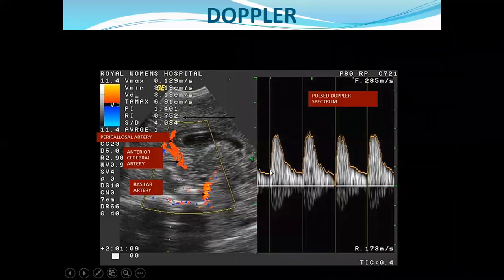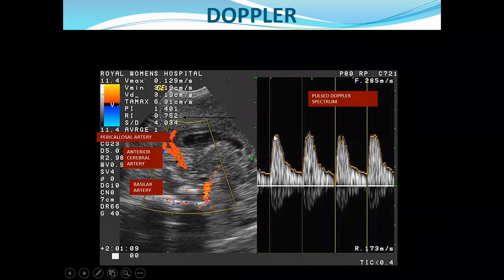When you trace your peak systolic velocity to end diastolic velocity, it should give you between 0.6 and 0.8 with a standard deviation, that's plus or minus 0.05 again. What happens if there is an insult?